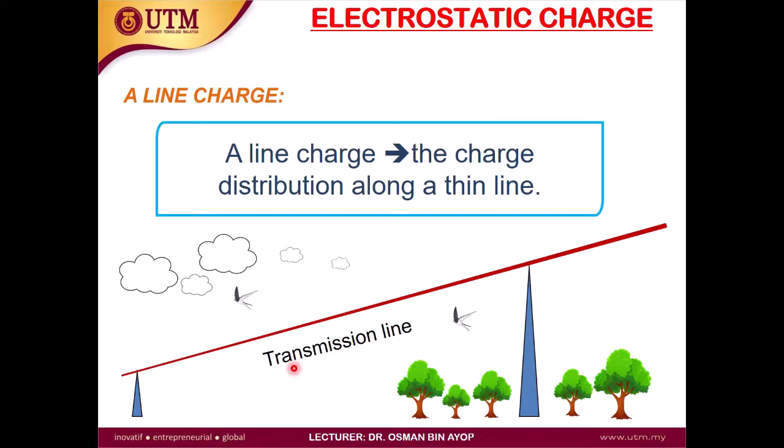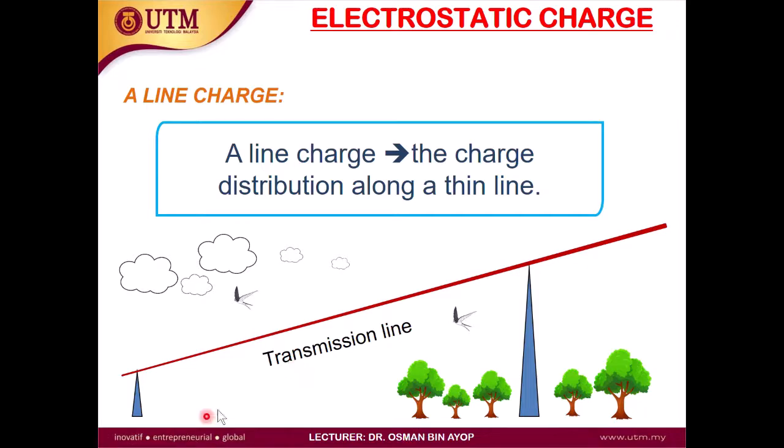But if I want to find the electric field intensity located very far from the sphere, where the distance between the sphere and the point of interest is much bigger compared to the radius of the sphere, we can consider the sphere as a point charge system.